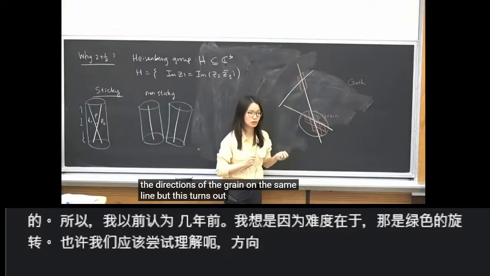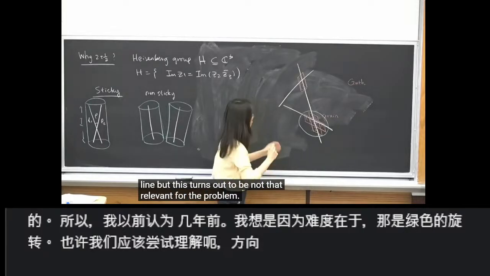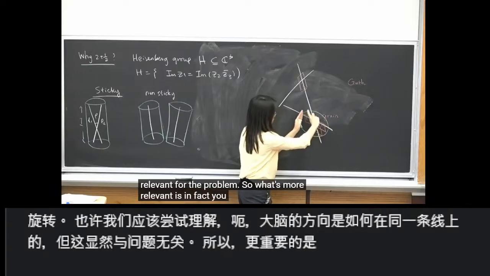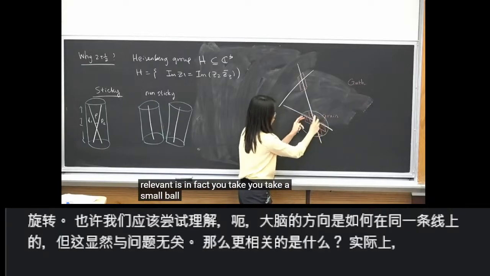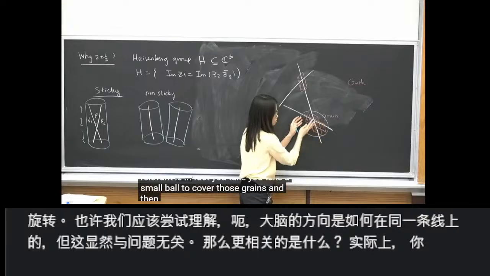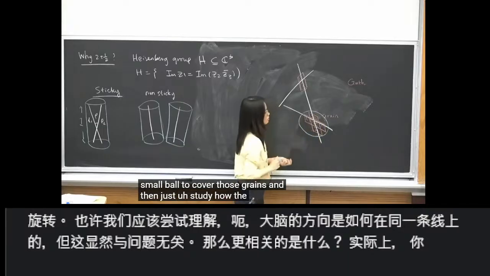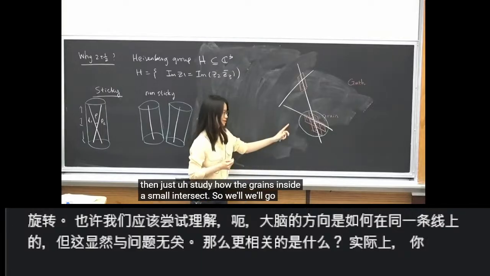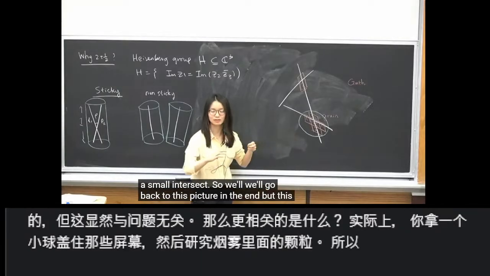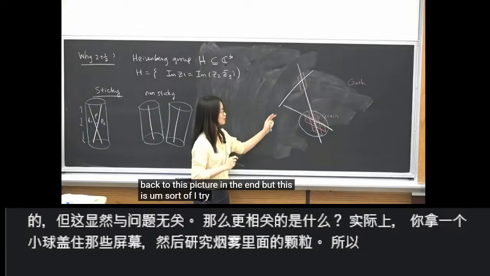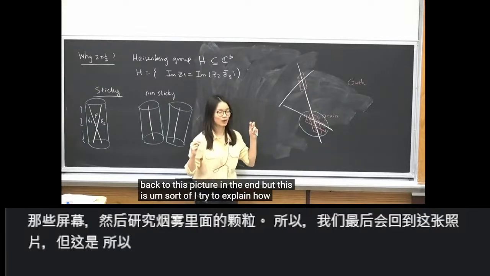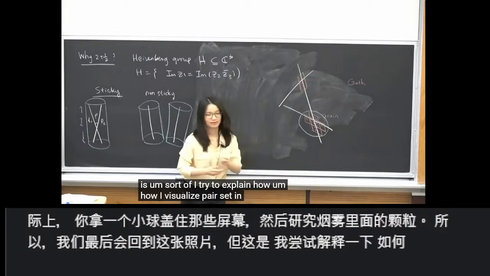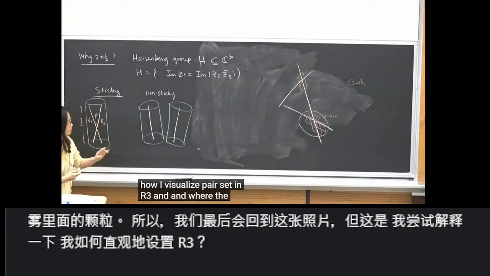But this turns out to be not that relevant for the problem. What's more relevant is, in fact, to take a small ball to cover those grains, and then study how the grains inside the small ball intersect. We'll go back to this picture in the end, but this is how I visualize a Kakeya set in R3 and where the difficulty is.